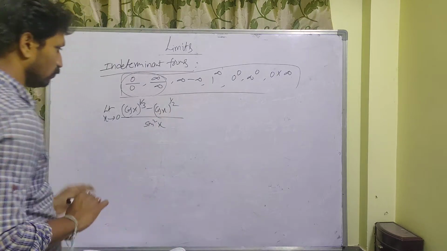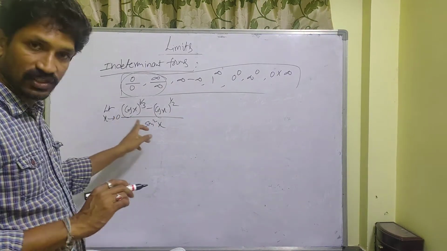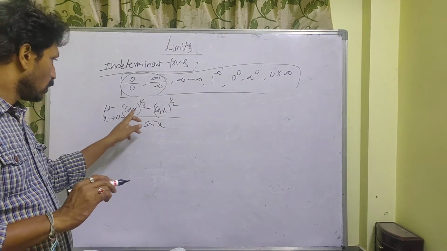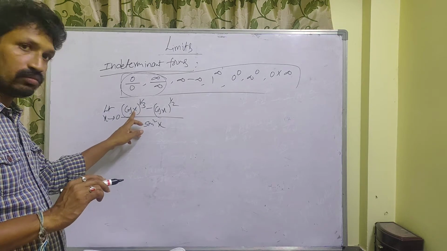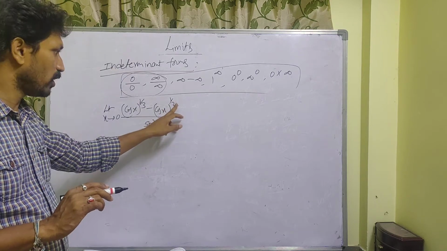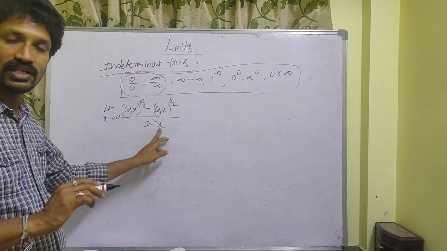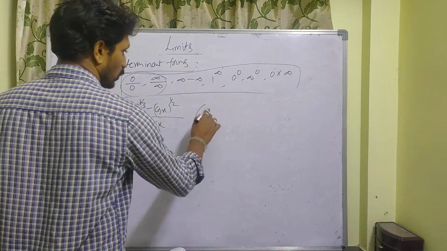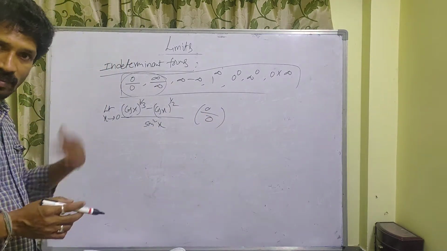If we apply x tends to 0 here, cos 0 is 1, 1 power 1 by 3 is 1, cos 0 is 1, 1 power 1 by 2 is 1, 1 minus 1 is 0, and sin 0 is 0, so it is in the form of 0 by 0. So apply L'Hospital rule.